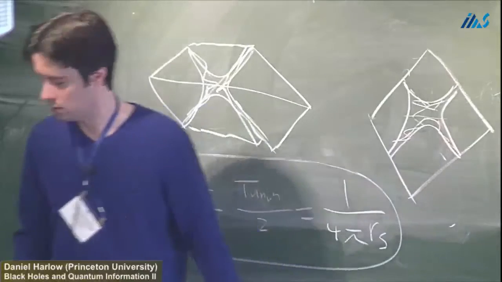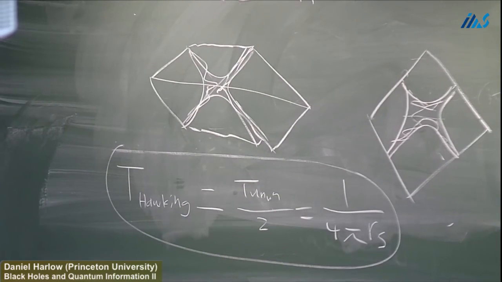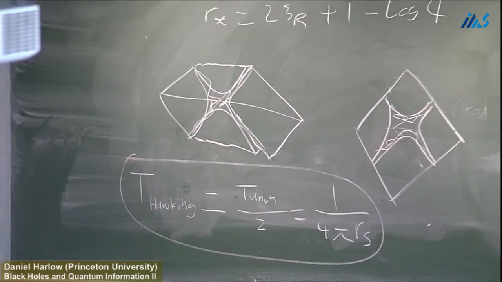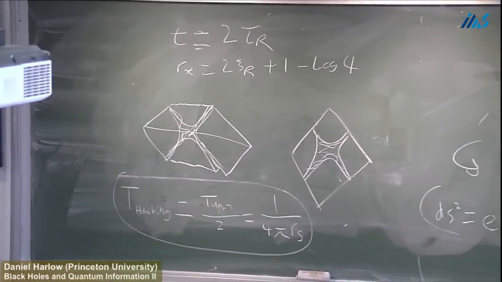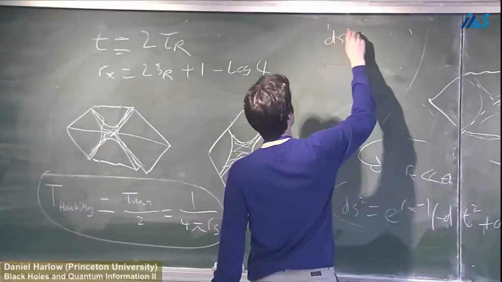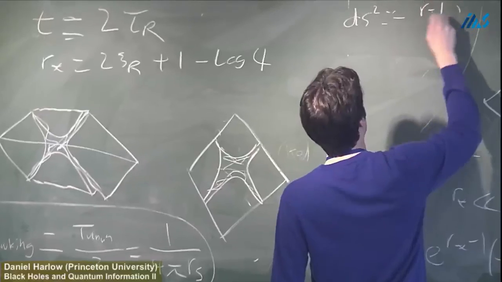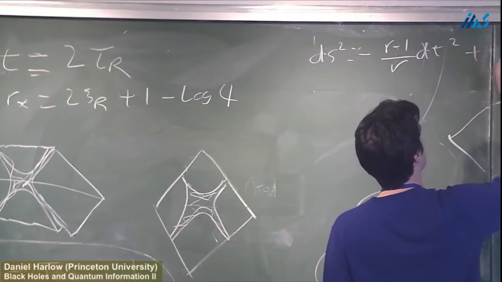Temperature outside at infinity. Yeah. It will be different from what somebody detects near the horizon, probably. Yeah, that's true. Because remember, in the Schwarzschild coordinates, the metric was like this.